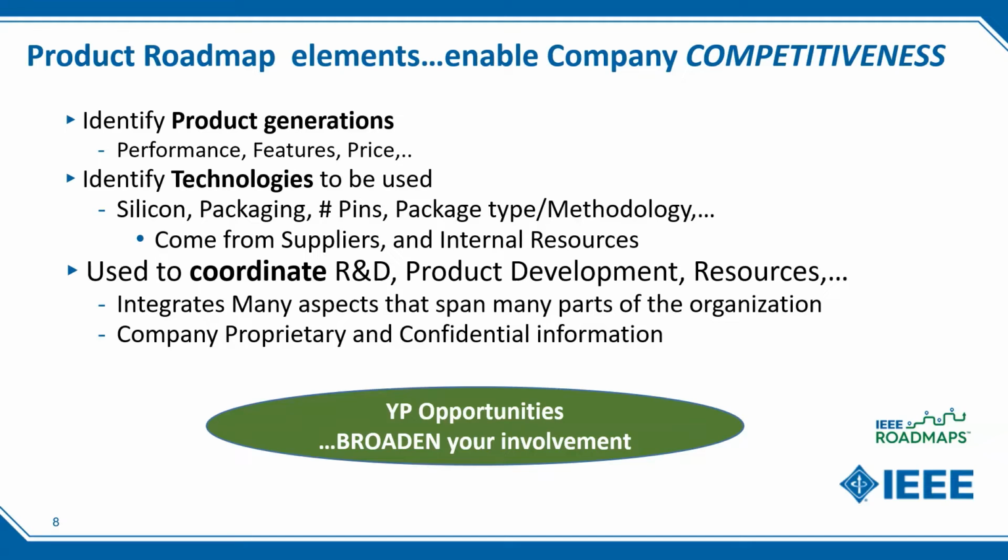And that's natural, right? Usually there is an internal resource that does that coordination, and it generally works out okay. And as I mentioned, it's used to coordinate the production of competitive products at the company.